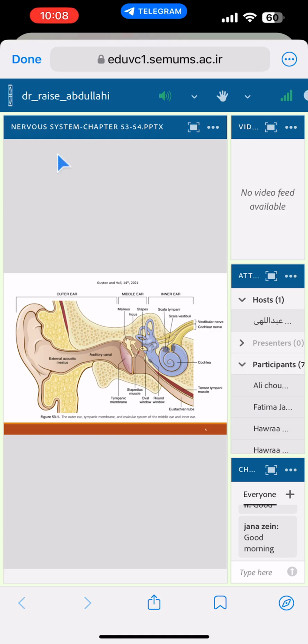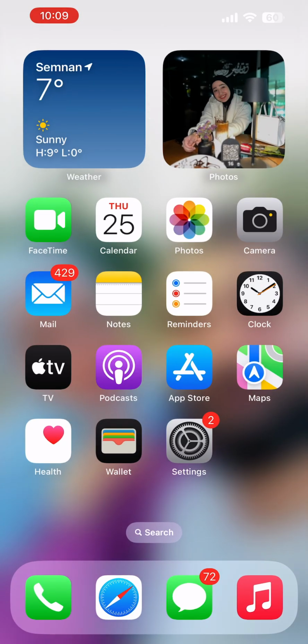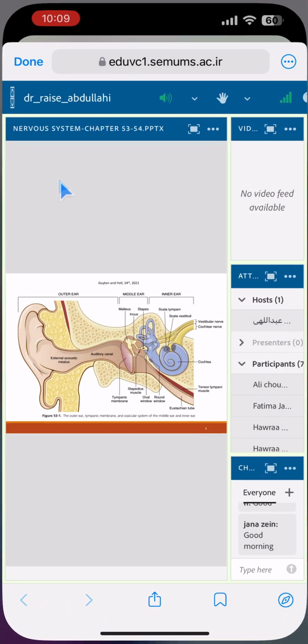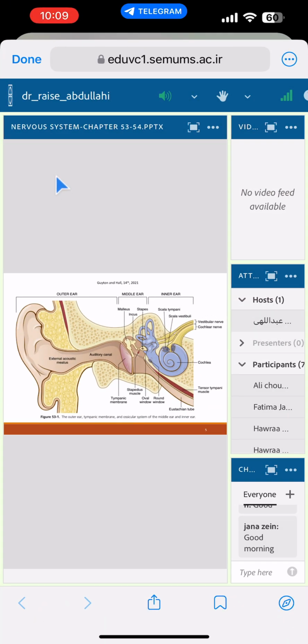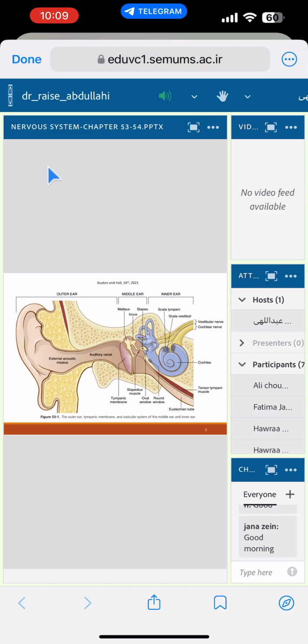In the inner ear, we have the cochlea, which is similar to a snail. Okay, and we have some semicircular canals.